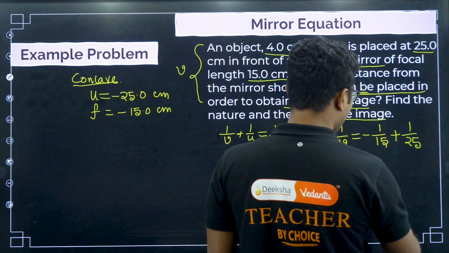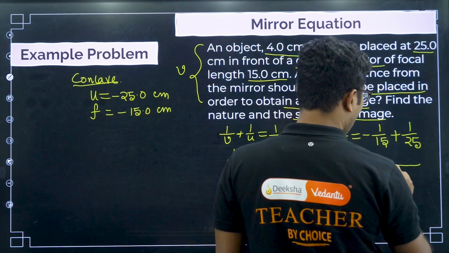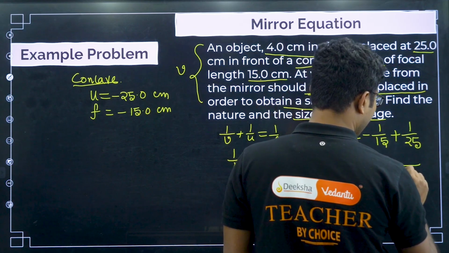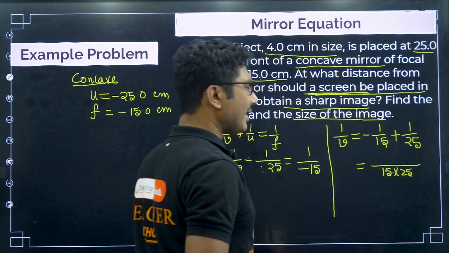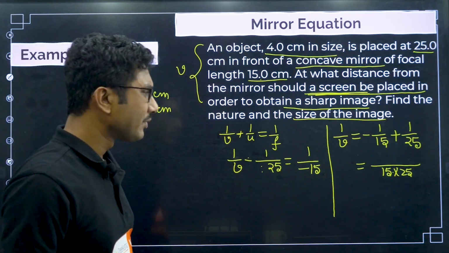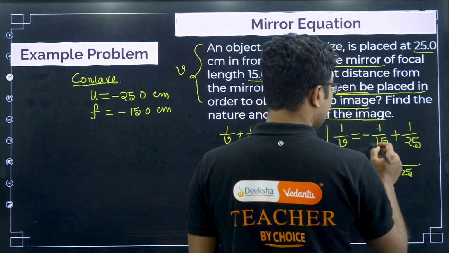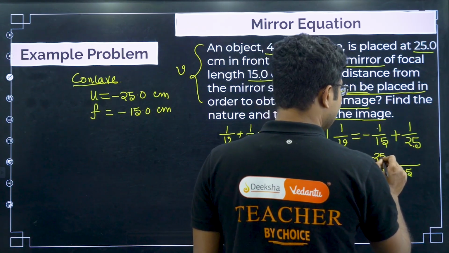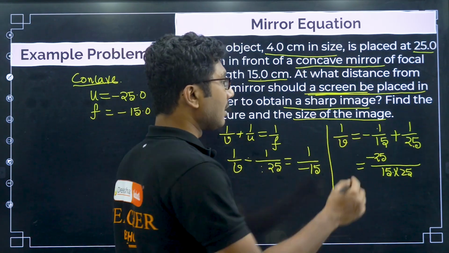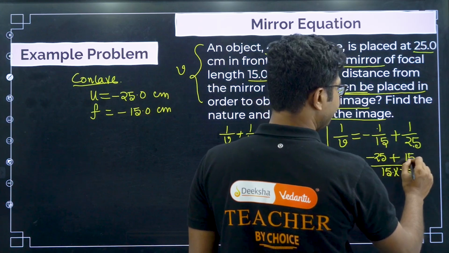Now what is the LCM of 15 and 25? Maybe we are not sure, so I can write 15 times 25, that is easy. 75 is, I think, the LCM, but anyway this will be the easier one. Now you have to do the cross. Only the first term is negative, the second term is positive. So while doing the cross, remember minus 25 plus 15.